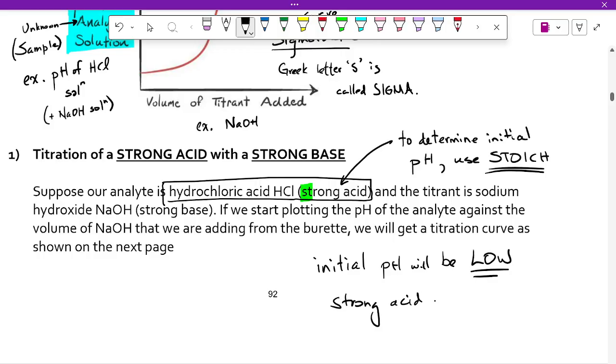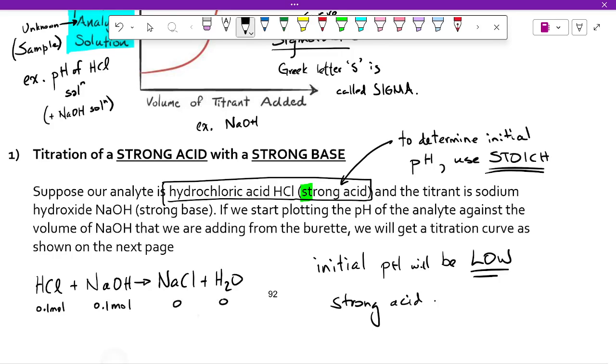Oh, I got a question for you. Before we go on, we got HCl plus NaOH goes to NaCl plus H2O. At the equivalence point, let's say we started with 0.1 moles here, 0.1 moles here, 0 and 0.